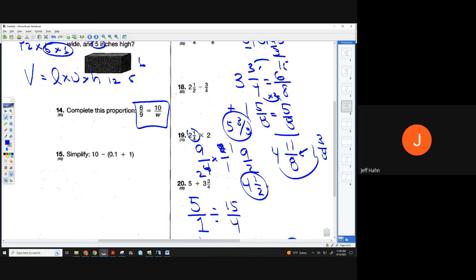Can you do 18? 2 and 1/2. I'll do it down here. You write it up and down. Change common denominators. And what is a half with a 4 on the bottom? 2/4. Now here's where we run into the snag, because you can't take 3/4 from 2/4, so you have to borrow, this becomes a 1. What does this fraction become?